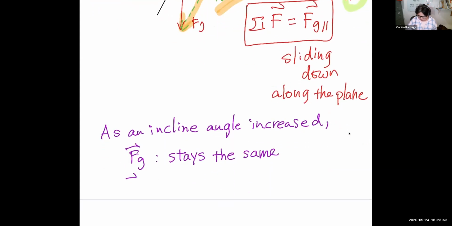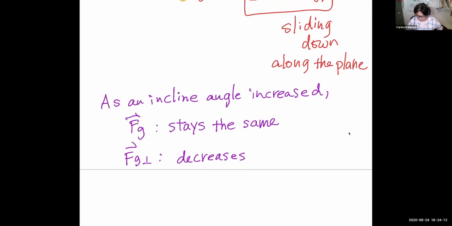What happens to the FG perpendicular as the angle increases? Decrease, increase, stay the same? Decreases. Therefore, what happens to the normal force? Normal force increases, stays the same, decreases. Normal force decreases.